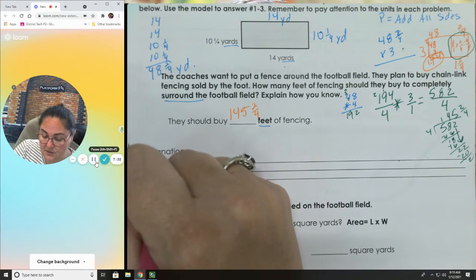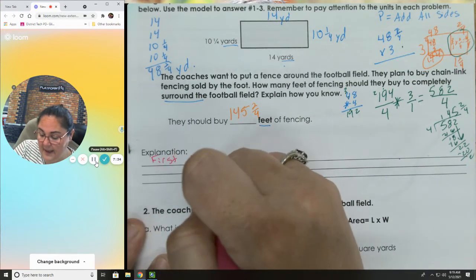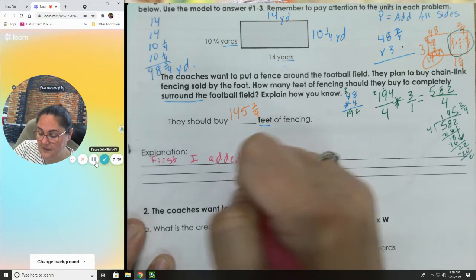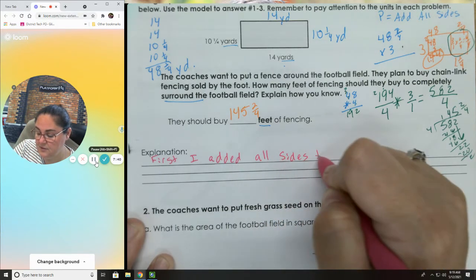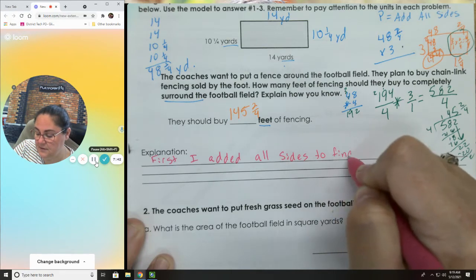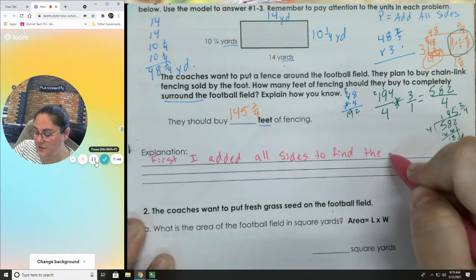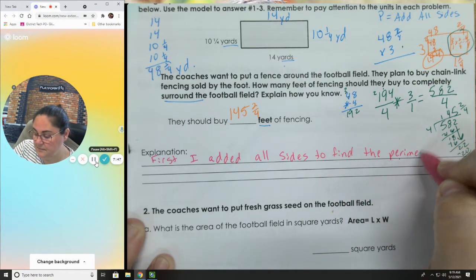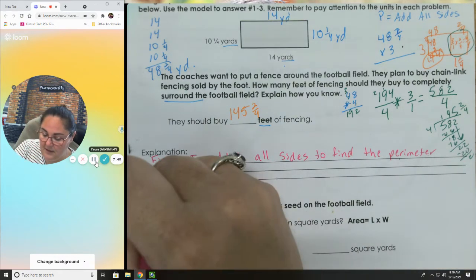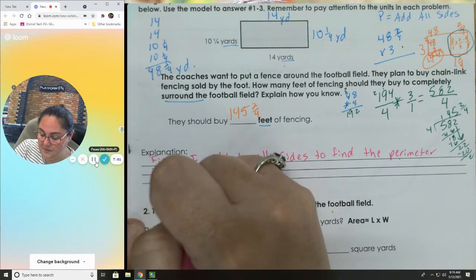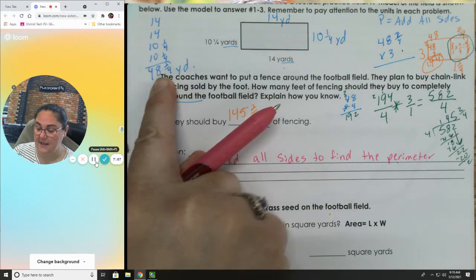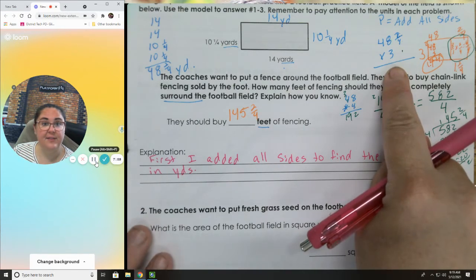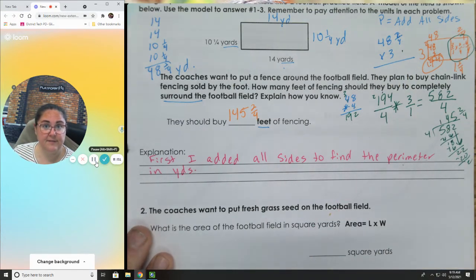So first, I added all sides to find the perimeter in yards. Then, what did I do? So I did this, and then I multiplied by 3 because there are 3 feet in a yard.